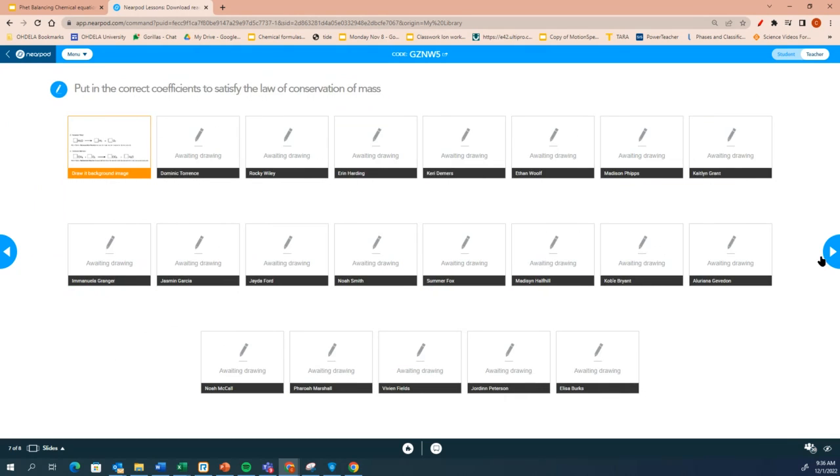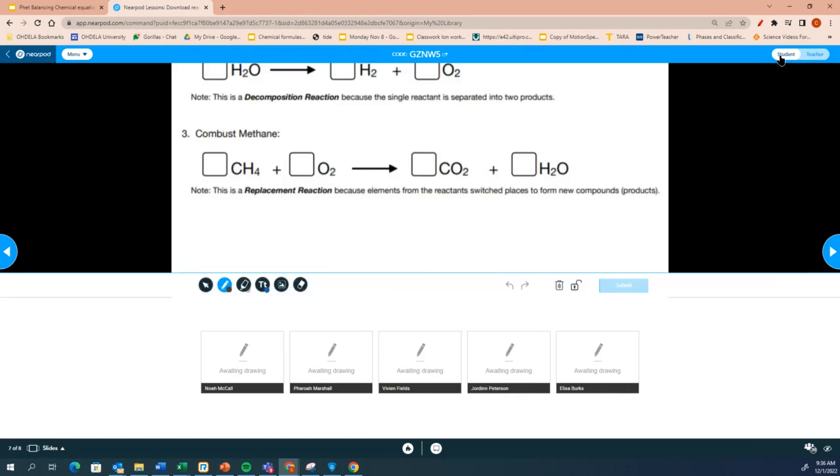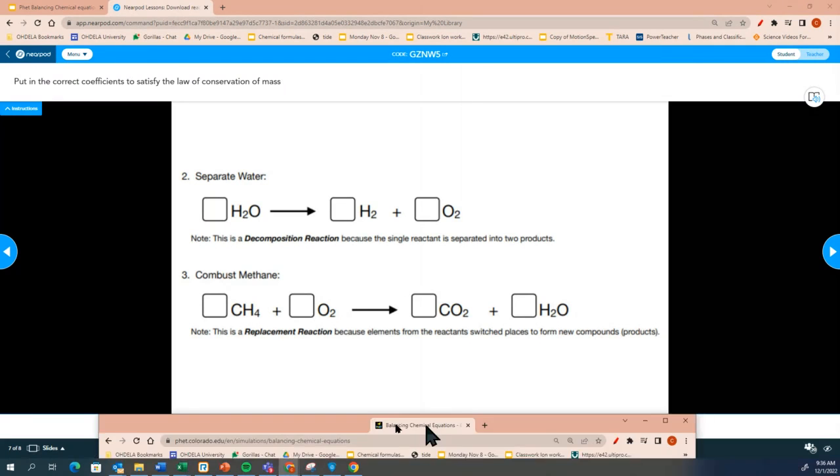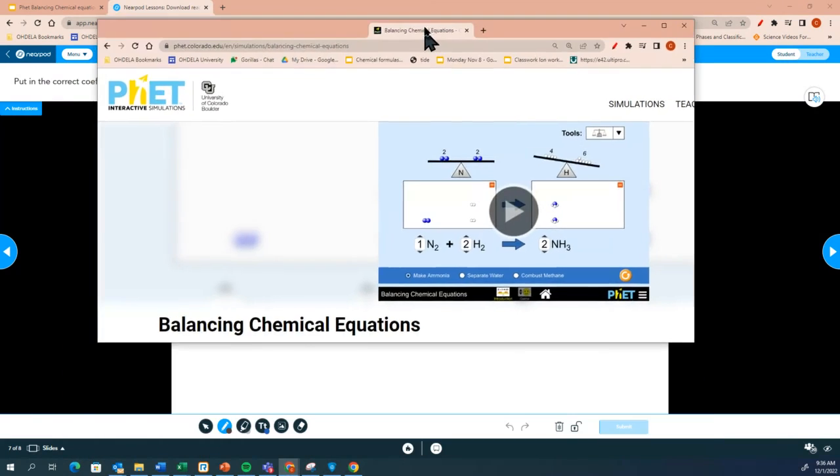Okay, let's go to the next one here. All right, so this is what I want you guys to do, using your balancing of the equation. If you look in the instructions, you should have your simulation. Mine is closed here, so let's go here.